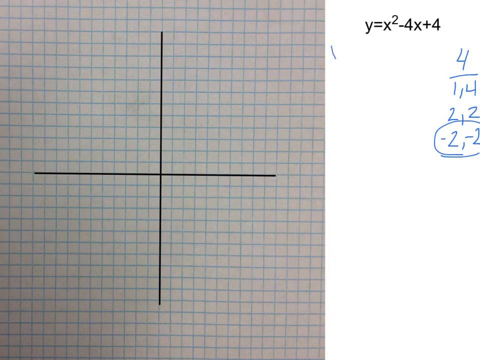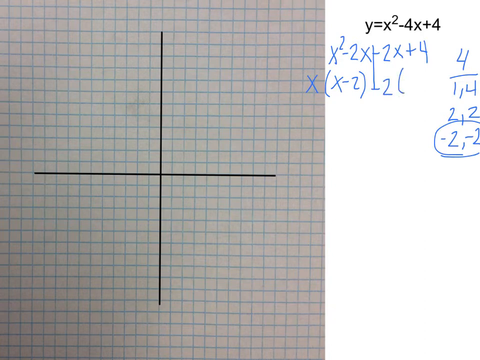So we have x squared minus 2x minus 2x plus 4. And then I draw my line, I take out an x, so we get x minus 2. Take out a minus 2, so it would be x minus 2. So I have 0 equals x minus 2 and x minus 2.